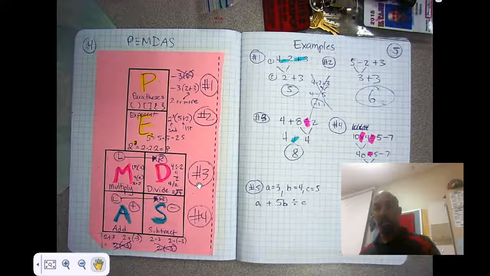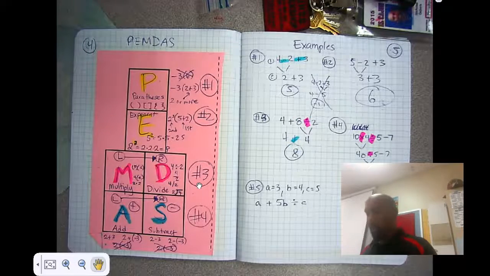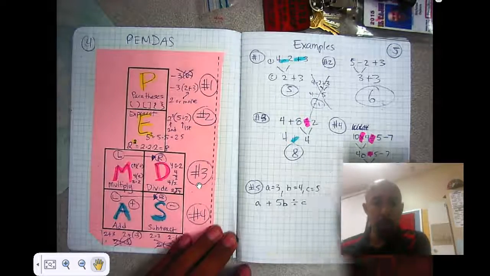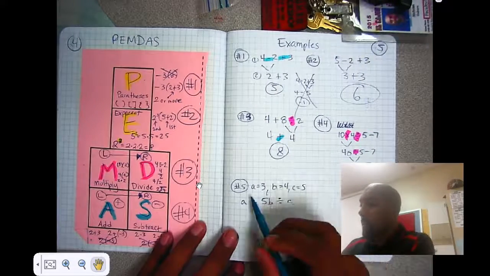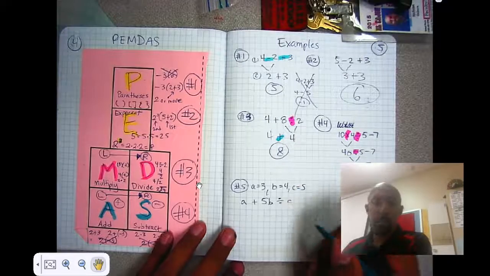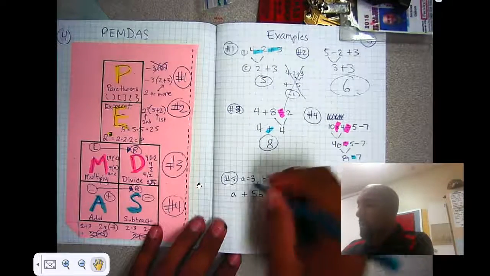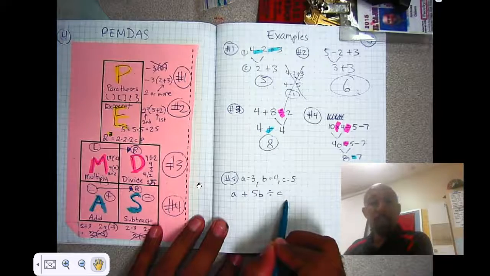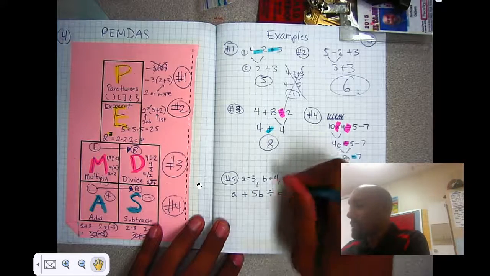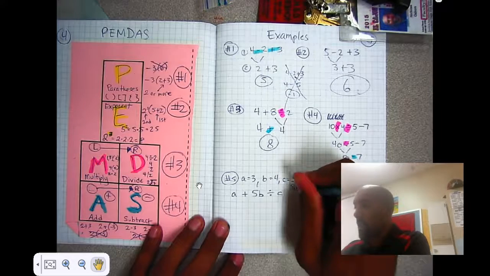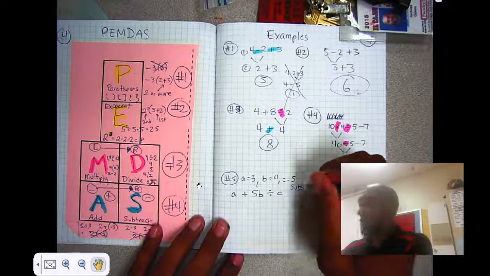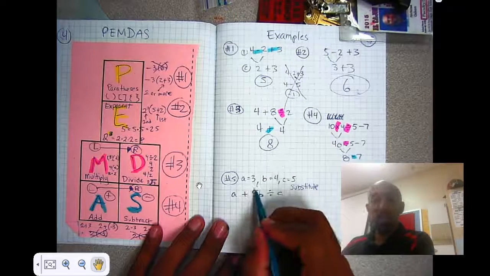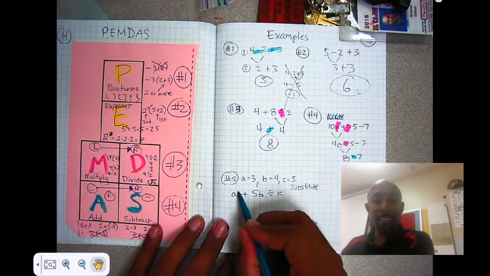Okay, so let's go to number 5. Now in period 4, I know you already have these examples, so you can skip ahead in the video and go to the worksheet. Now number 5, in period 1, I think your examples are a little different. So number 5, if we have letters, the first thing we need to do is substitute. What that means is we're going to plug in these numbers for the letters.